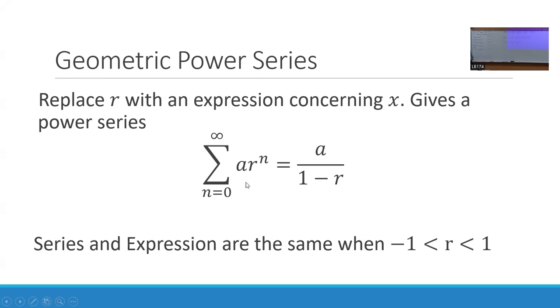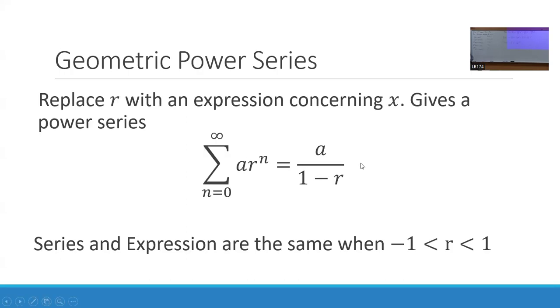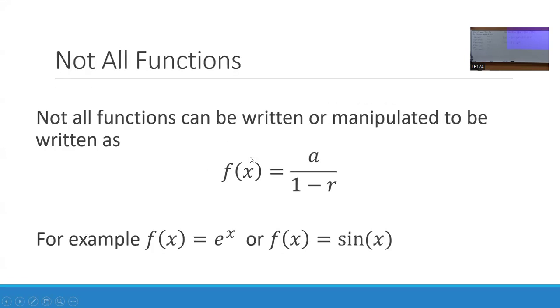Basically, the goal is to replace R in A over 1 minus R with an expression concerning X. So if I have a function that looks like 1 over 9 minus X, I can change that into something that looks like A over 1 minus R with some algebraic techniques, and then just make sure that we rewrite it as a geometric power series.